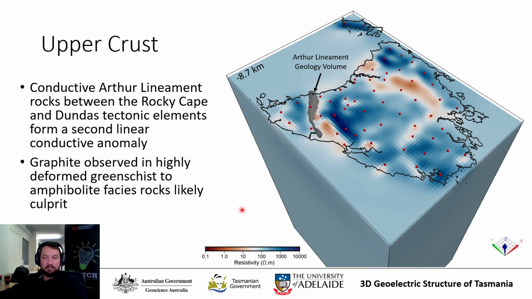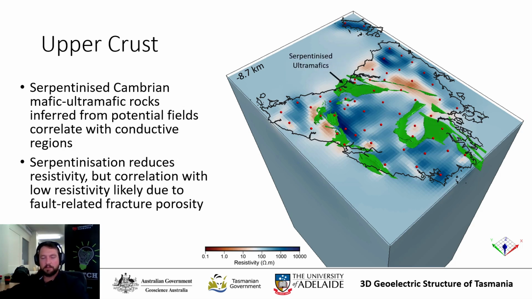Graphite is a great conductor, so this relationship seems to be causal. Elsewhere in the model space, we see a reasonable correlation between areas of elevated conductivity and inferred ultramafics, Cambrian ultramafics at depth. These ultramafics are invariably serpentinized, and the process of serpentinization has been observed to increase conductivity by about an order of magnitude.